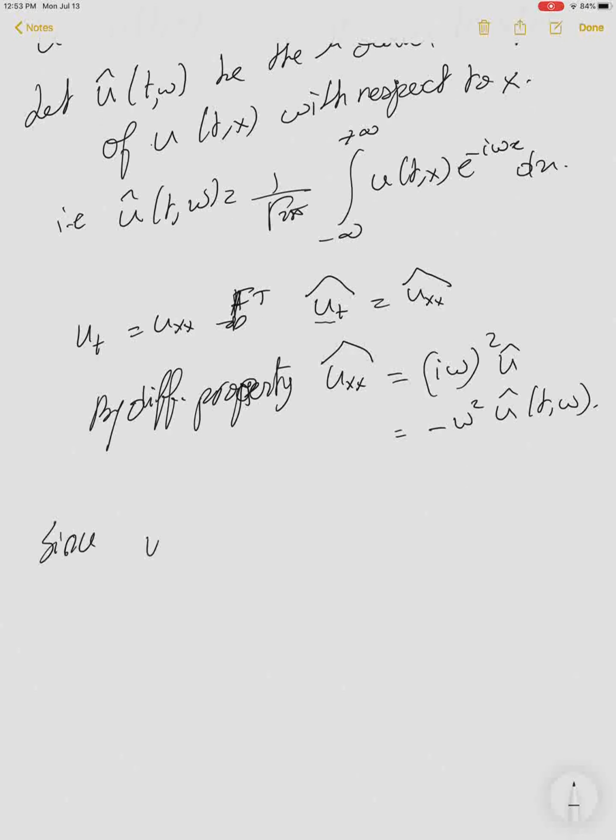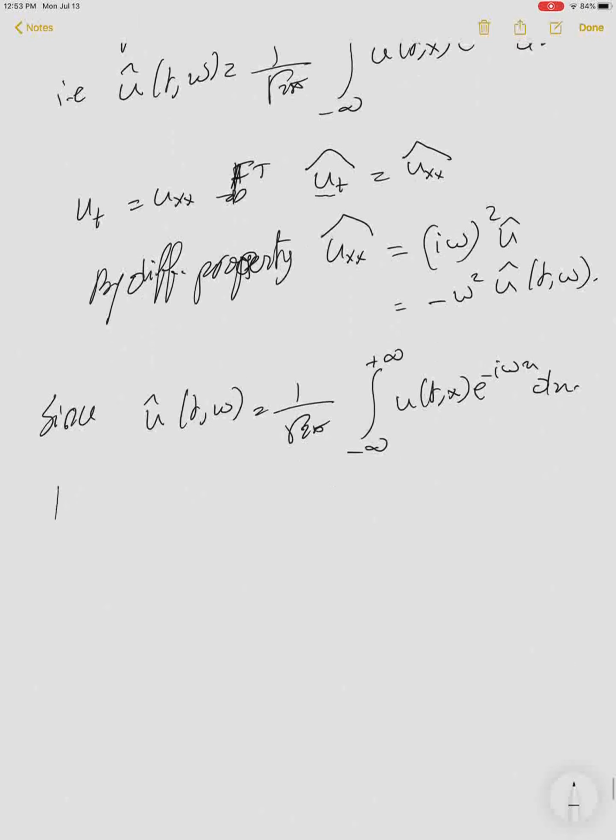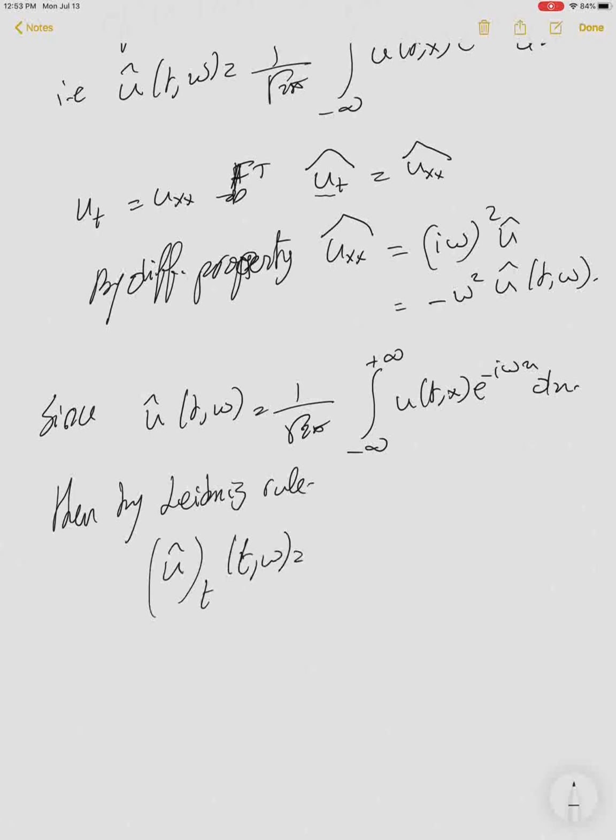But now since u hat at t omega equal 1 over square root of 2 pi integral from minus infinity to plus infinity u(t,x) e to the minus i omega x dx, then by Leibniz rule, notice that this is a derivative with respect to t and the integral is with respect to x, so I interchange differentiation and integration.